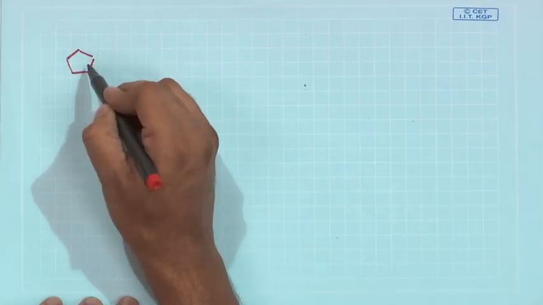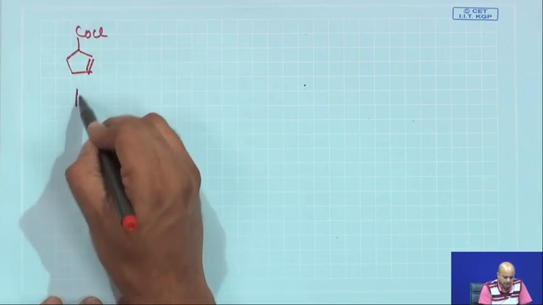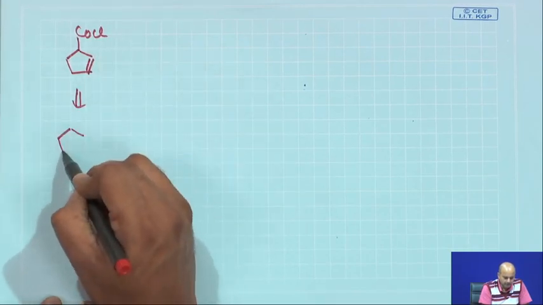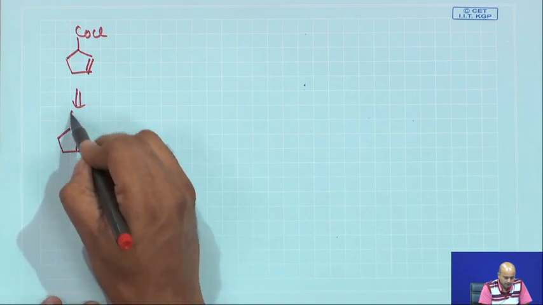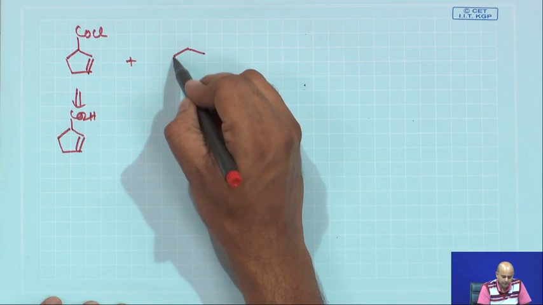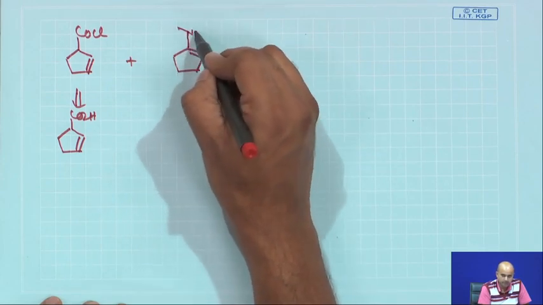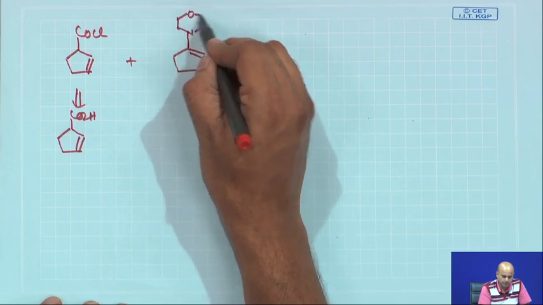So, synthesis starts from this acyl chloride, which you can easily get from this carboxylic acid, and you also react with a cyclopentanone enamine, okay, a cyclopentanone enamine.